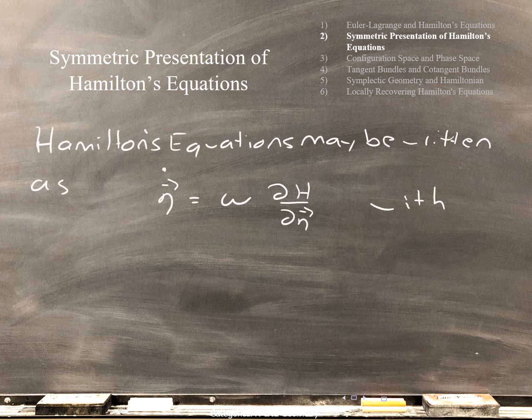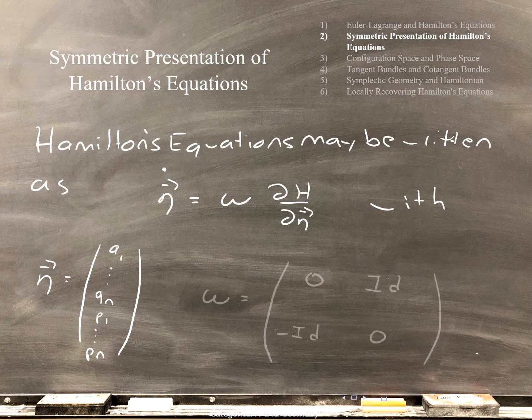So we can write them in the notation of a column vector. We'll call it eta. You can write it like this, as long as we make eta written in terms of the generalized coordinates and the momenta as such. If we have n generalized coordinates, this is going to be a 2n-dimensional column vector. And then our omega should be a matrix which takes the following form.